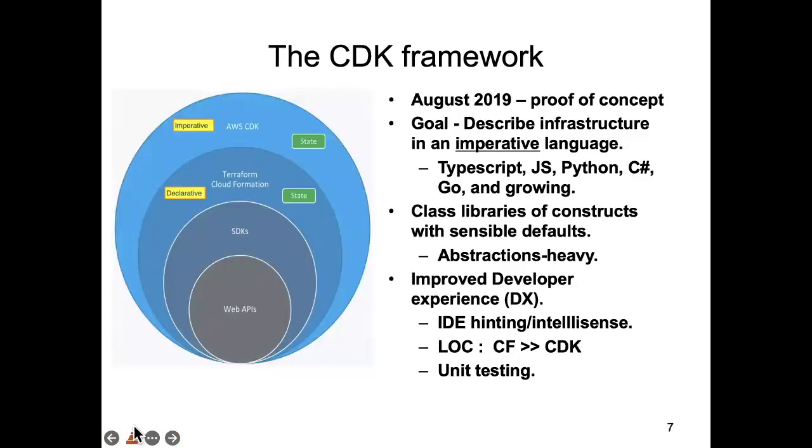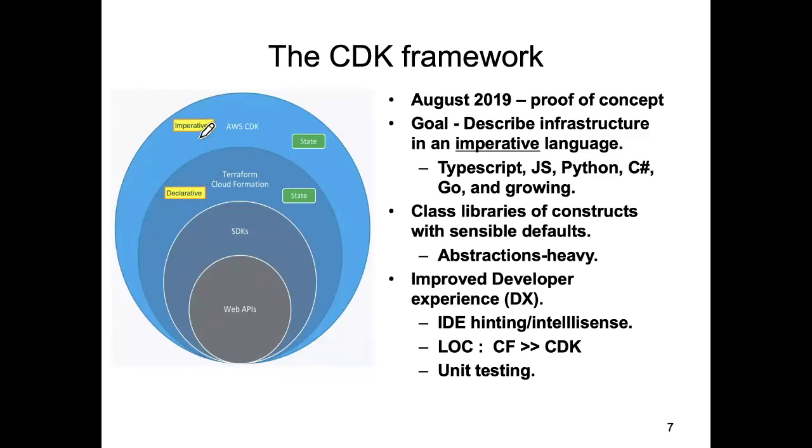Now, eventually enter the CDK. And what the CDK gave us was it actually allowed us to write our infrastructure using imperative programming languages. Whereas with CloudFormation, we use a declarative language for describing our infrastructure, i.e. JSON or YAML.